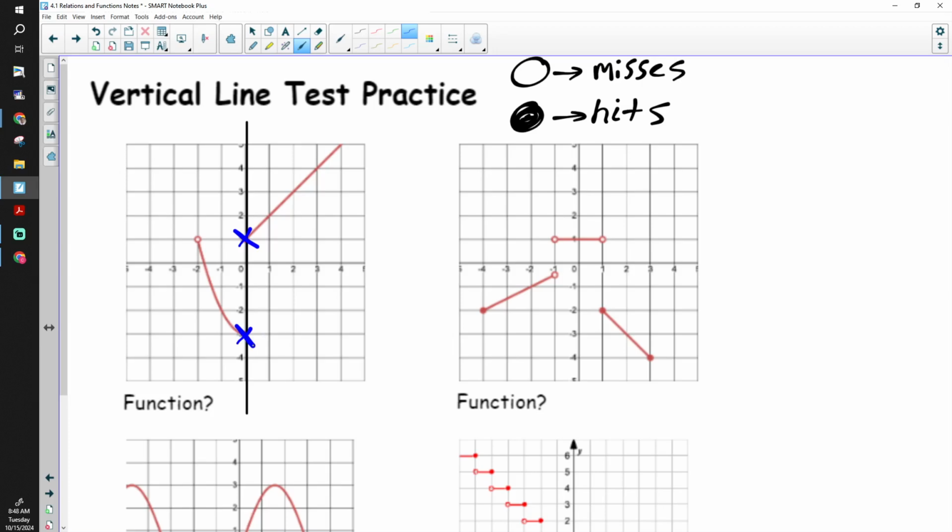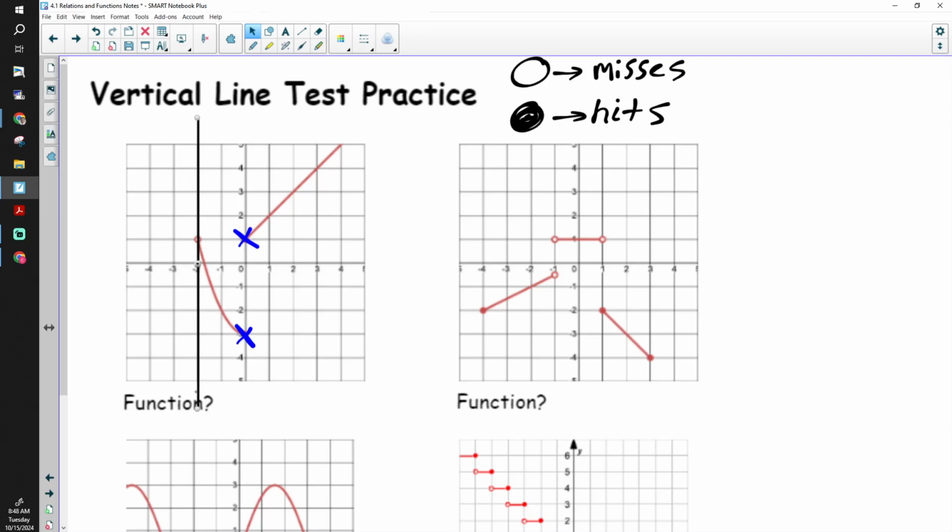There's one other spot where this graph fails. That spot is right here. Why is it failing here? Because it's not hitting the graph. This means when we input the point -2, I hit a hole. This means I'm not hitting the graph.